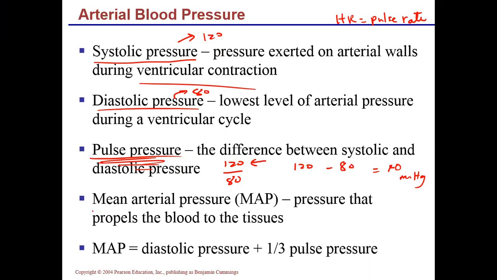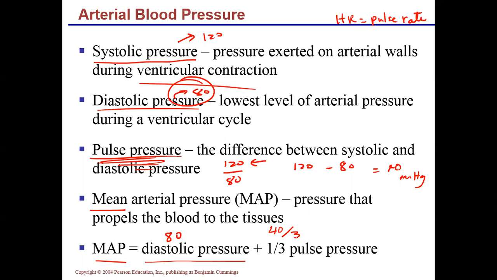Mean arterial pressure. Mean is the average, all right? And you should know this formula: MAP equals diastolic pressure, in our case 80, plus one third of the pulse pressure. In this case, the pulse pressure we mentioned was 40. So 40 divided by 3, I don't have a calculator, but my guess would be 13.3333.